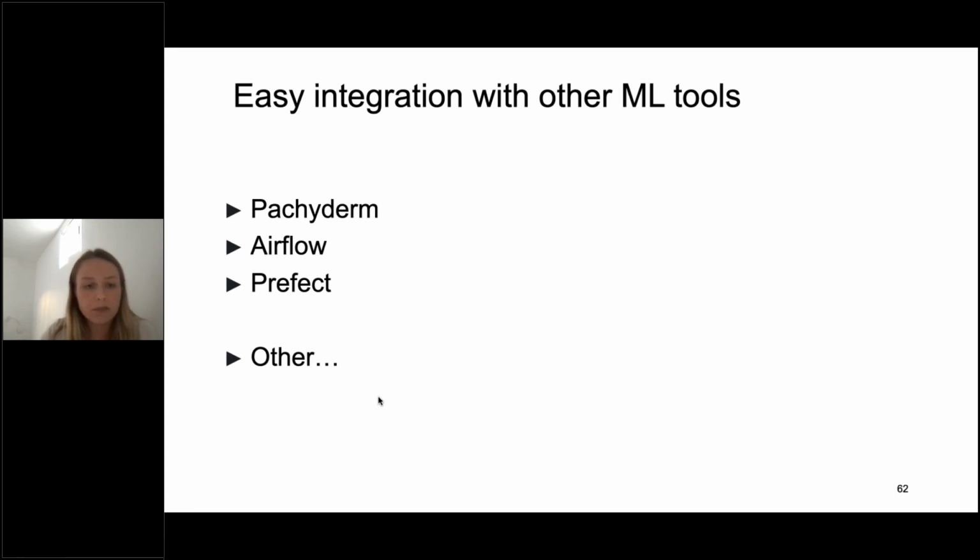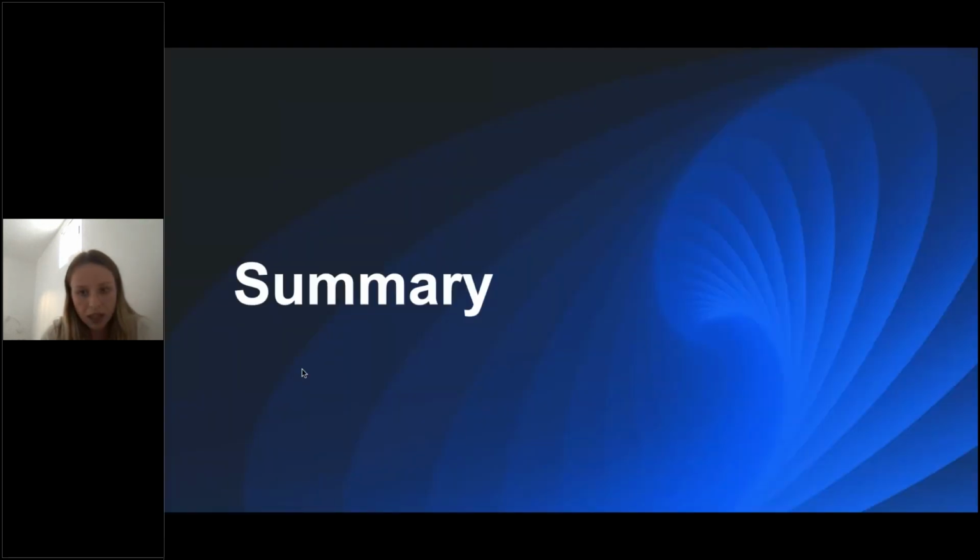We have currently provided some tutorials on how to integrate it with Pachyderm, Airflow, and Prefect. And I'm pretty sure we will be working more on this type of integration, which would involve putting our data labeling pipeline into the full machine learning process.